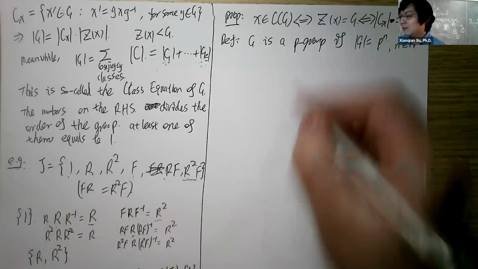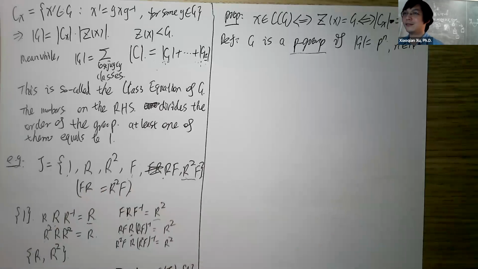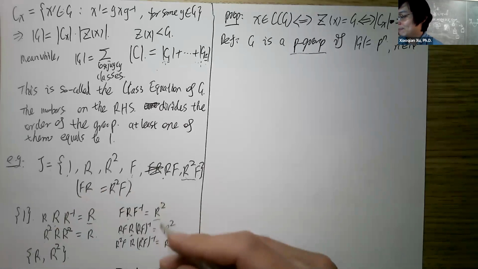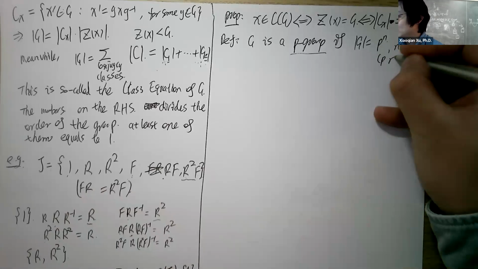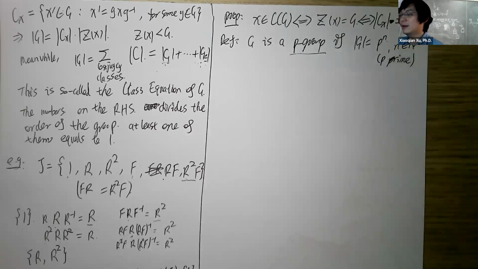But now let's think about what happens if you have a p-group instead of this Z_p. Here p is always a prime number, so that it will be easier for us to argue and do analysis.